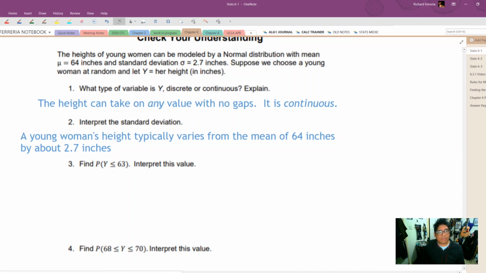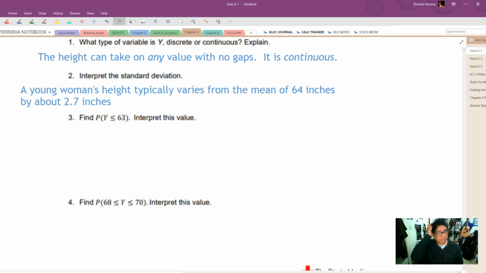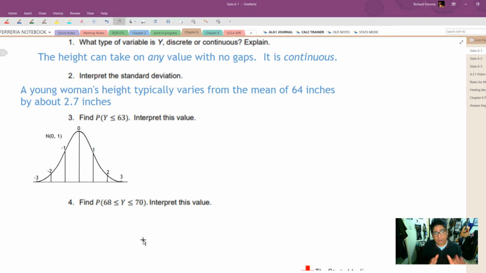Next, let's find the probability that a young woman's height is less than or equal to 63 inches. First, we know that we're dealing with a normal curve, so we're going to draw our standard normal curve. I have this set graphic where I have all the standard deviations on top and all of the z-scores above that normal curve.